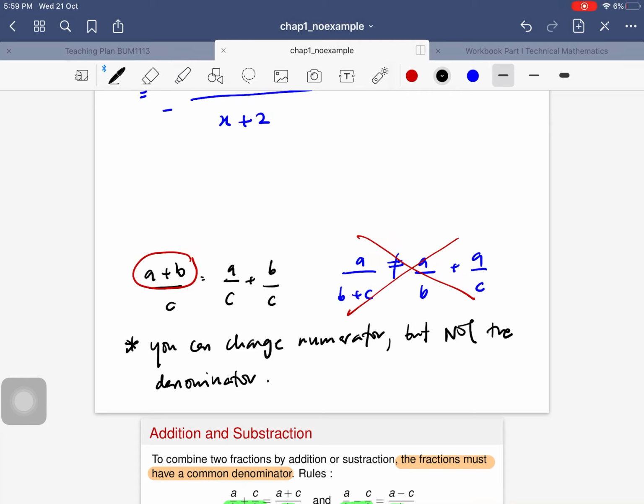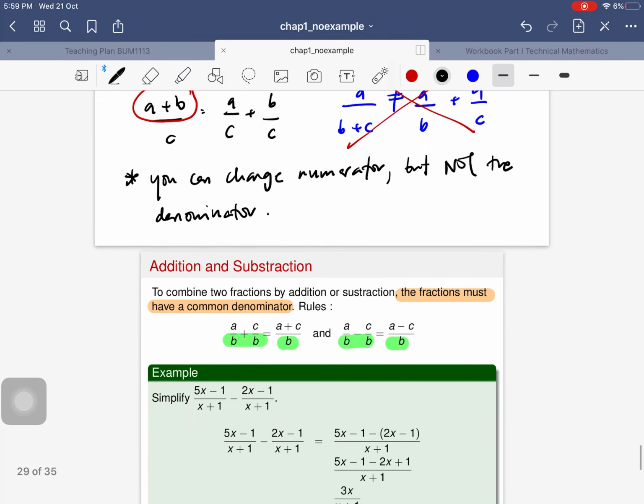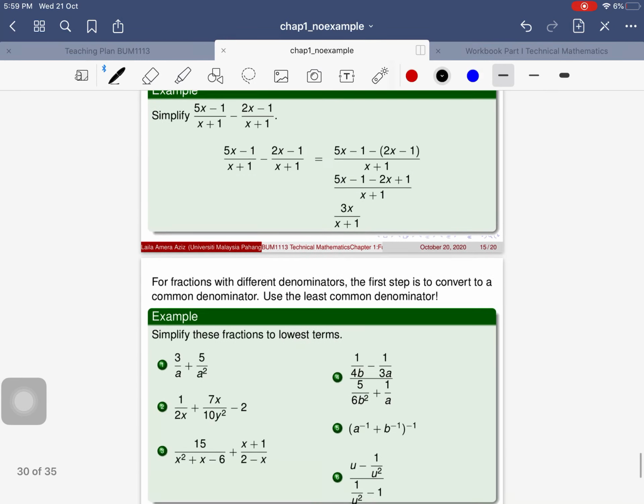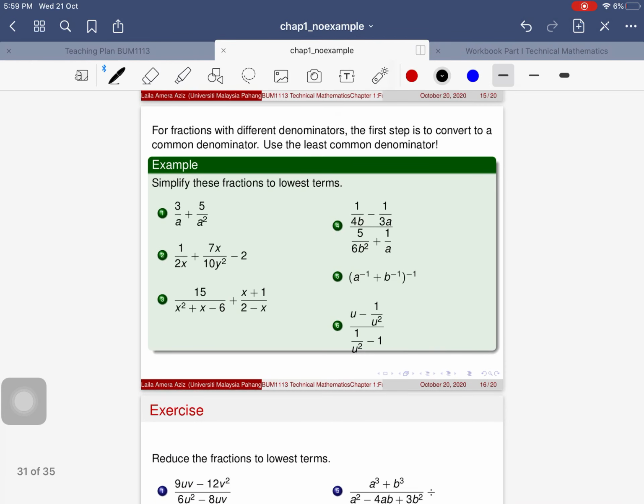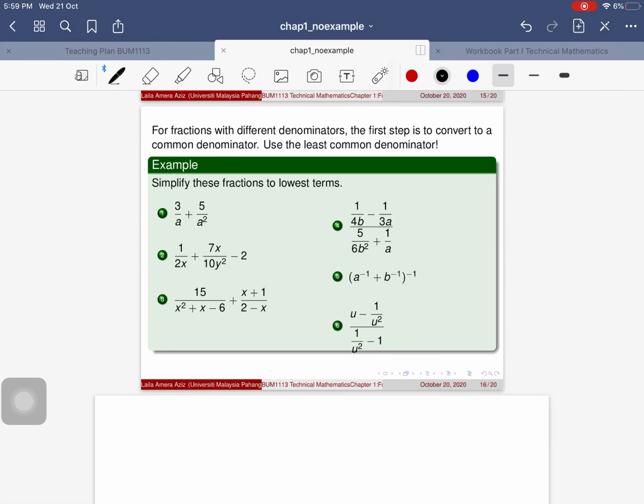You can change it by multiplying and such, but you cannot simply add or separate the denominator of a fraction. So that doesn't work. These are the examples that I'm going to show you. And again, this is just revision for you. If you don't need this, don't bother listening.